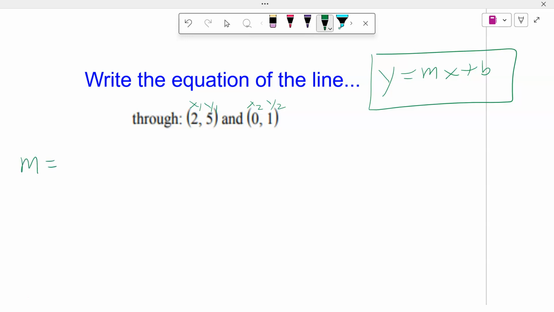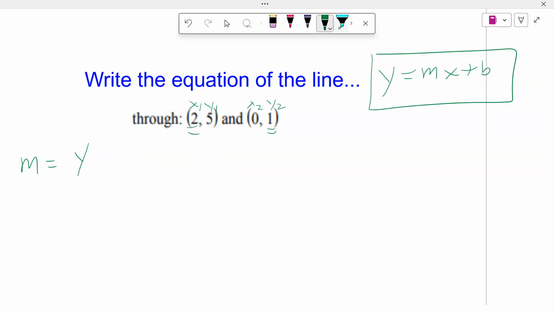So the slope formula is y2 minus y1 over x2 minus x1. All we have to do is substitute in our values. So I'm thinking we have 1 minus 2... wow, okay, let's go back. I guess I need some coffee, folks.